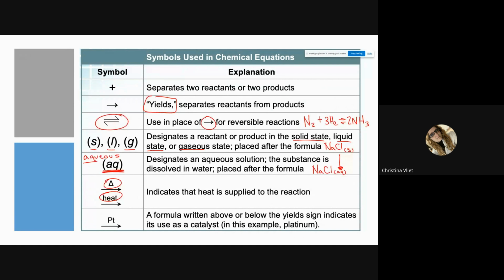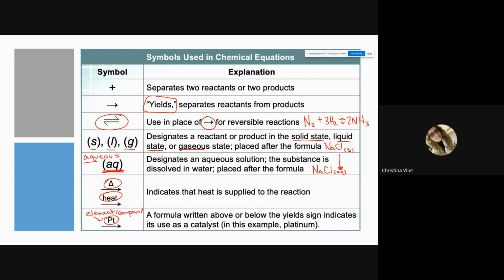If I see an element or a compound at the top of the arrow, this can be either an element or a compound or an enzyme. This means we have a catalyst. An enzyme is a very complicated compound that's a protein. It helps the reaction go faster.